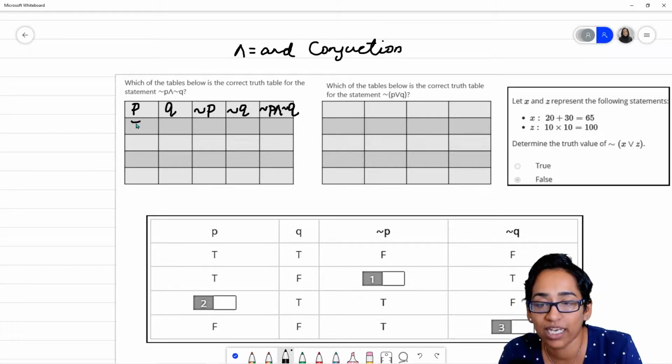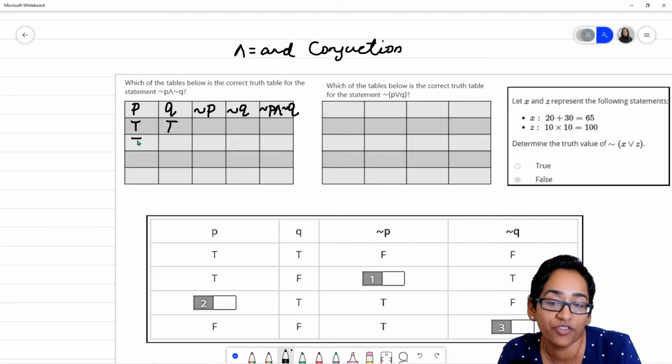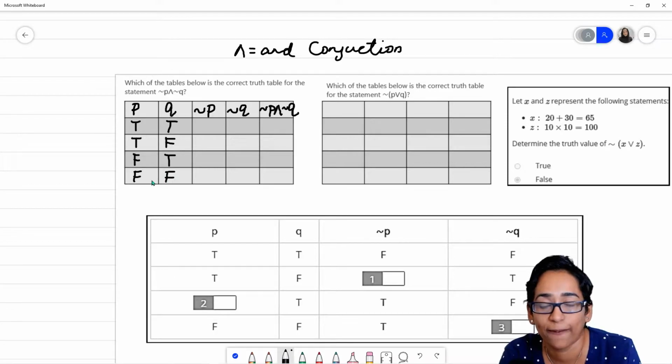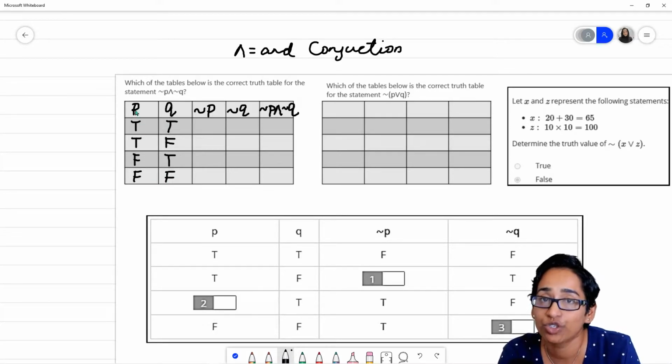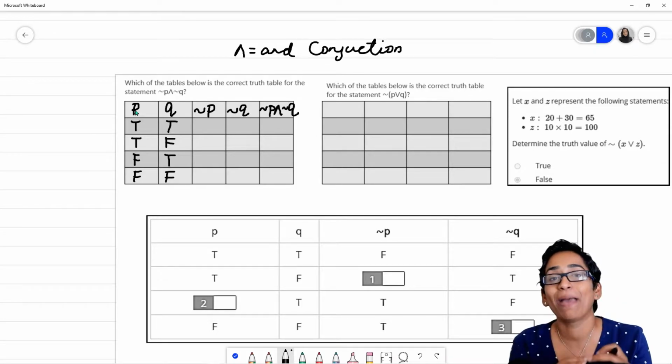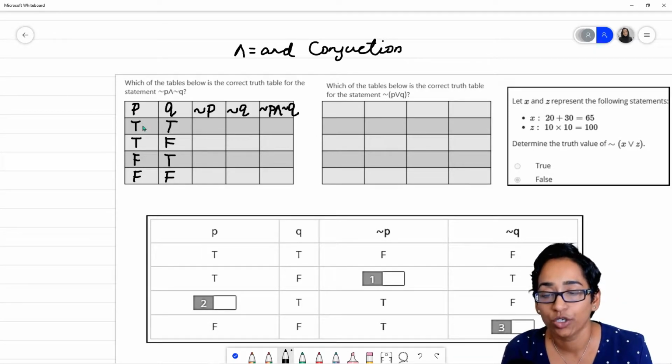Either both the statements can be true and true, or the first statement can be true and the second false, or the first statement can be false and the second true, or both the statements can be false. This is the generic pattern that you write: true, true, true, false, false, true, false, false.